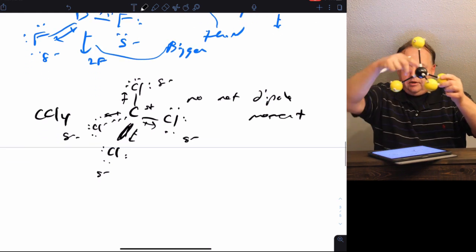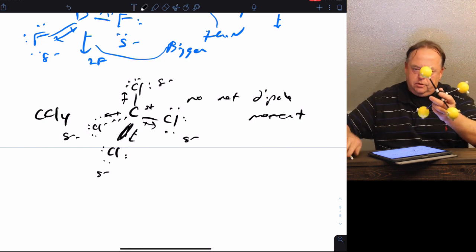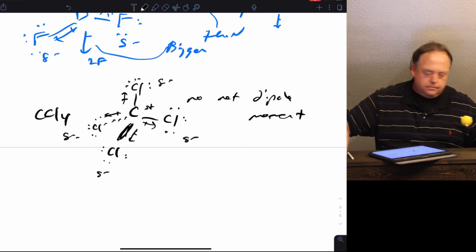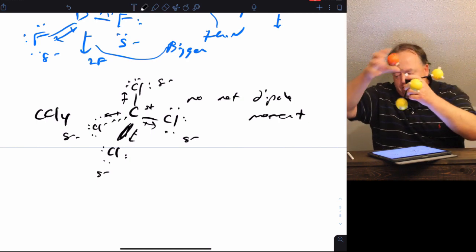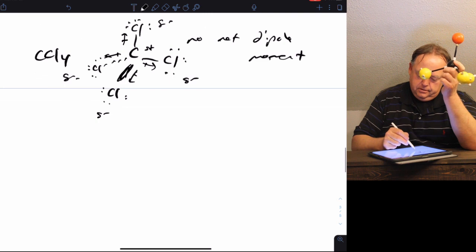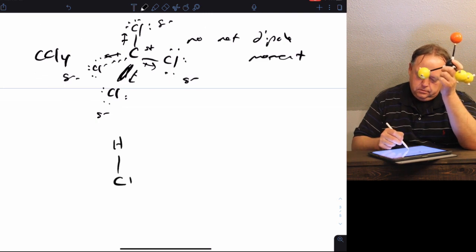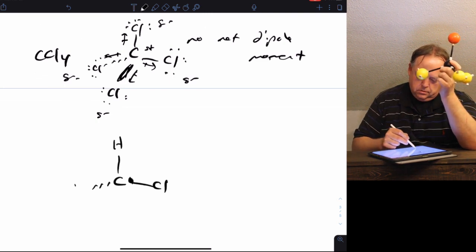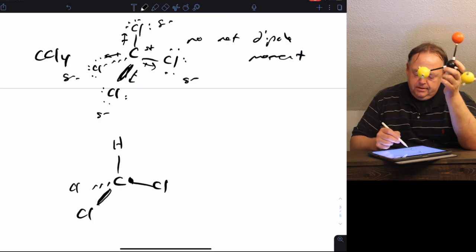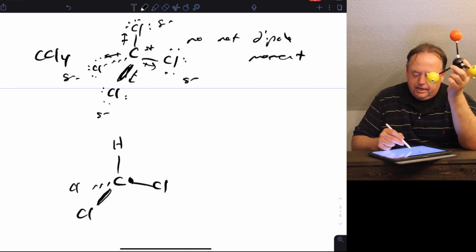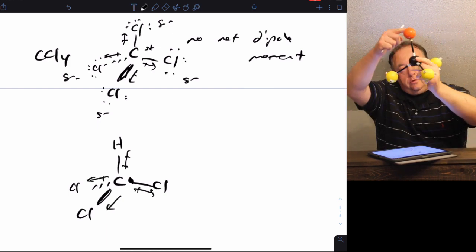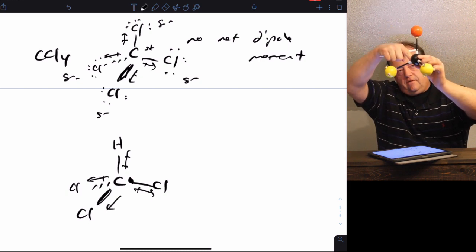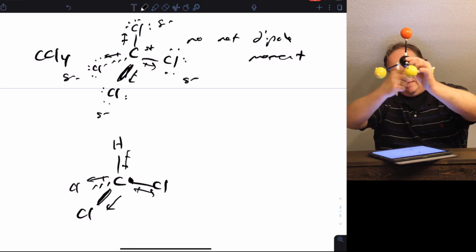Okay, if this molecule was not symmetrical like that, so instead of a chlorine here, for example, if you had a hydrogen here, well then carbon is more electronegative than hydrogen, so carbon is pulling electron density this way off of hydrogen, and each of the chlorines is pulling electron density that way.